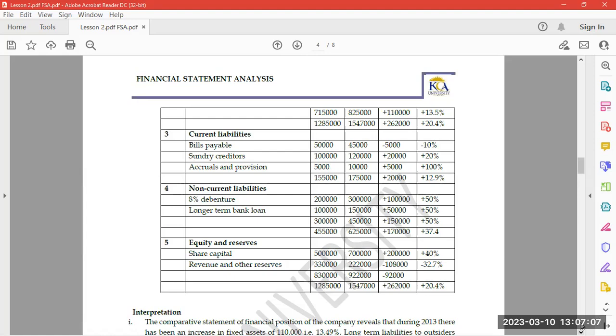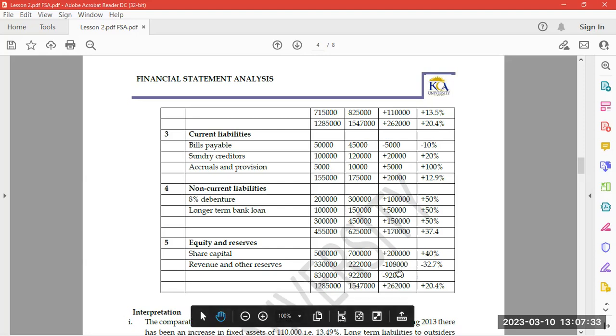A good example, if you take revenues and other reserves, if you take the difference of 330,000 and 222,000, you are going to get 108,000. It should be a negative because 2013, which is in this column, you subtract from the one in this column, which is 2012, then you are going to get negative.